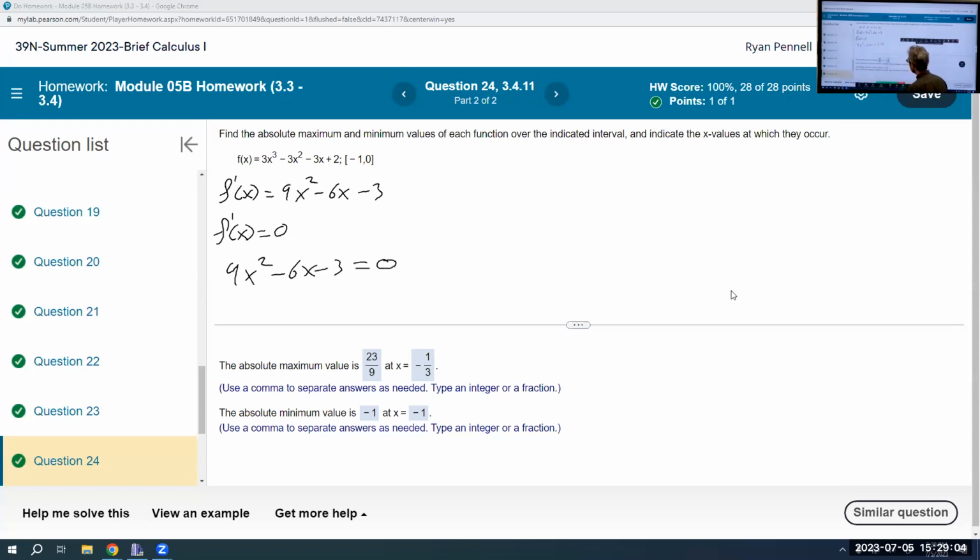If we like, we could try to use the AC method, or we could just use the quadratic formula.